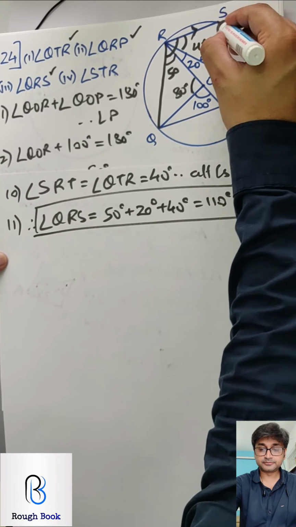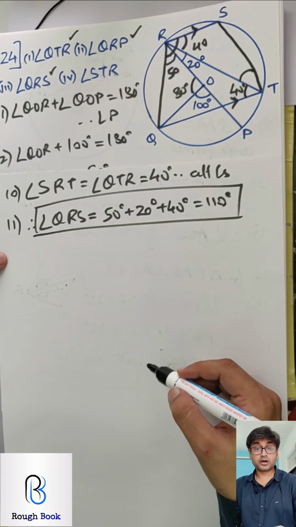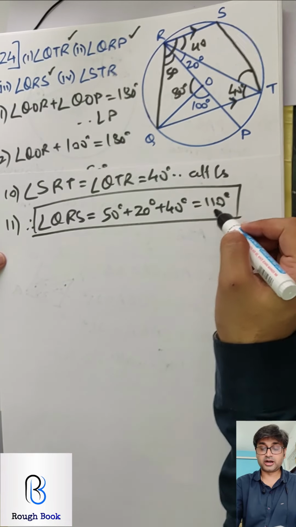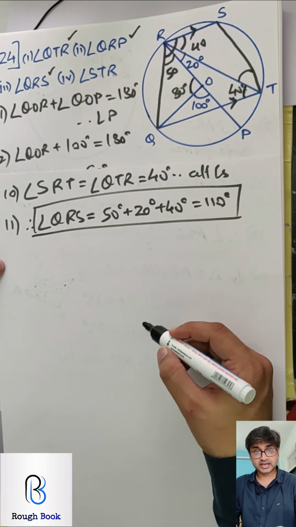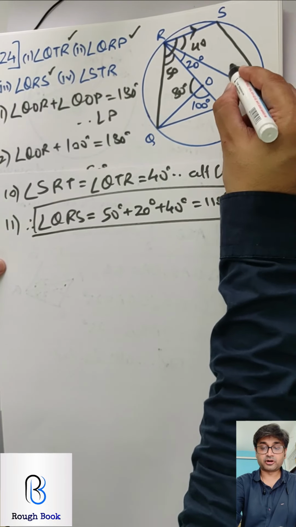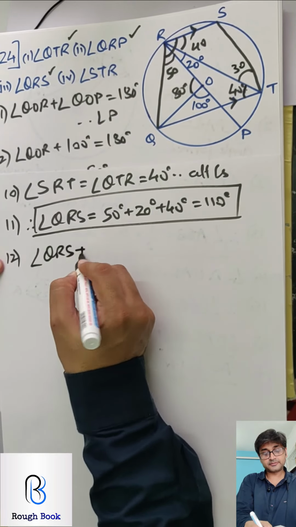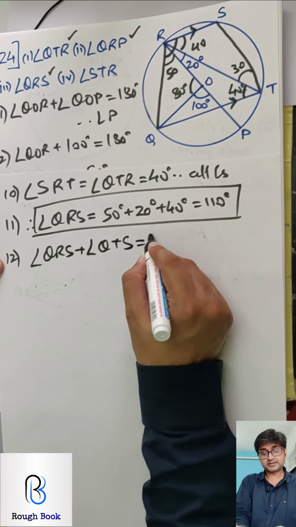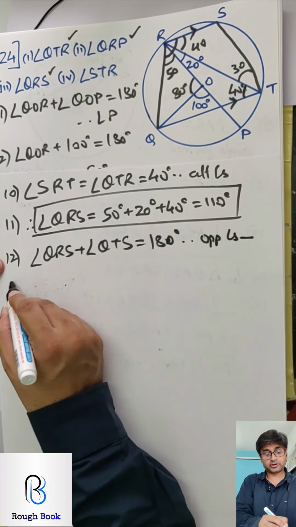Finally STR, which is here. So how will I get that? So this full we got 110, this full will be 70, opposite angles of cyclic quadrilateral, and then subtract 40, you will get this 30. Let's write. So angle QRS plus angle QTS is 180, opposite angles of cyclic quadrilateral.